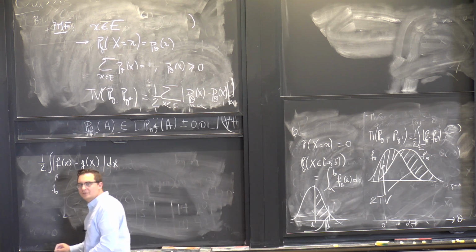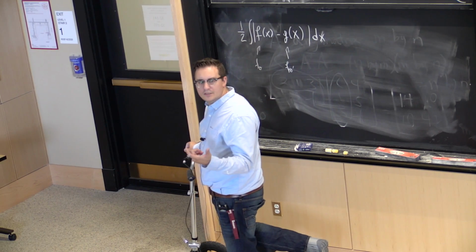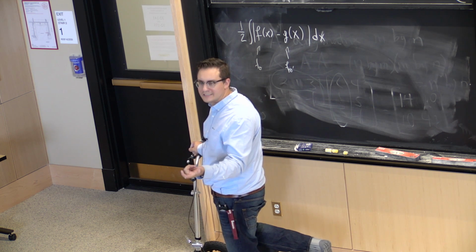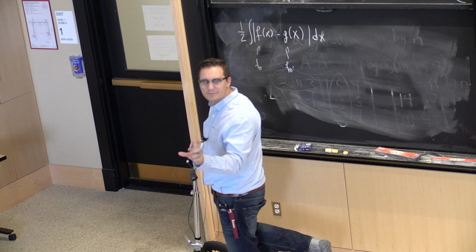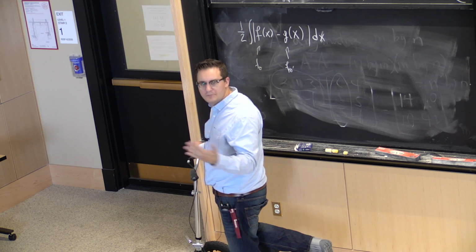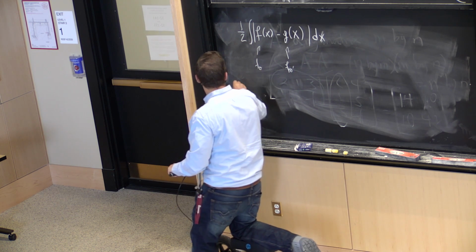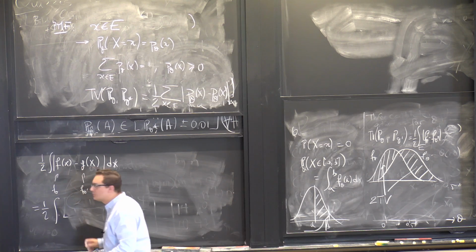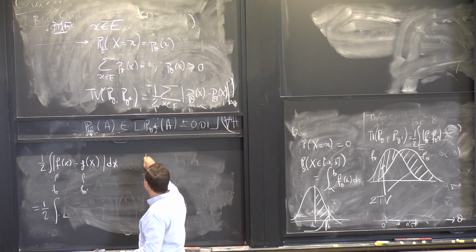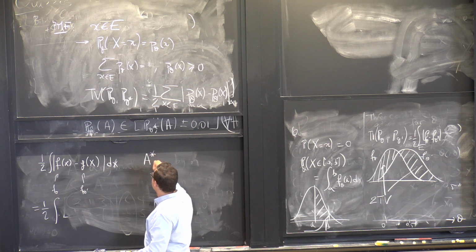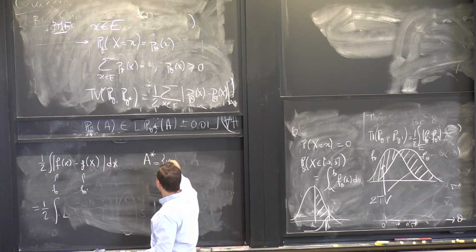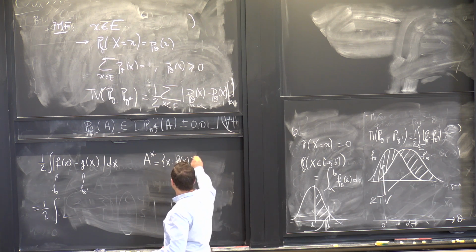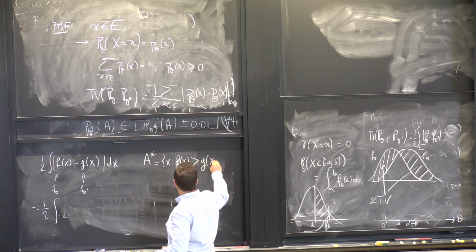The first thing I'm going to do is, this is an absolute value. So either the number in the absolute value is positive, and I kept it like that, or it's negative, and I flipped its sign. So let's just split between those two cases. This thing is equal to 1/2 the integral of, so let me write the set A star as the set of x's such that f of x is larger than g of x.